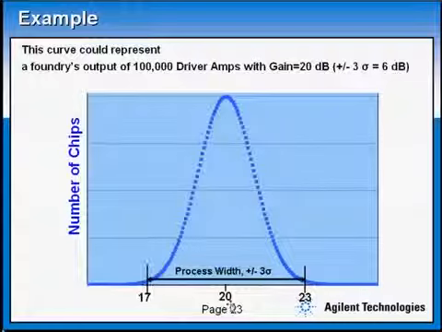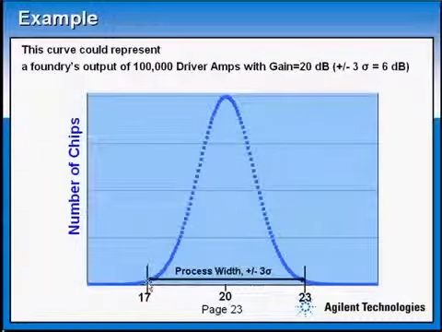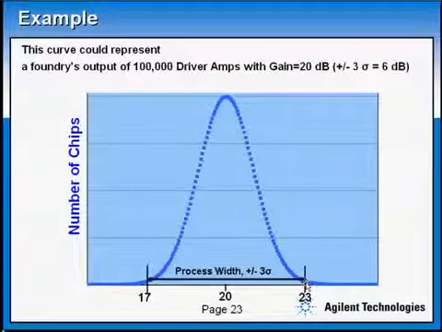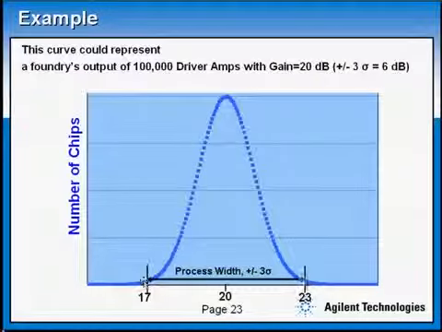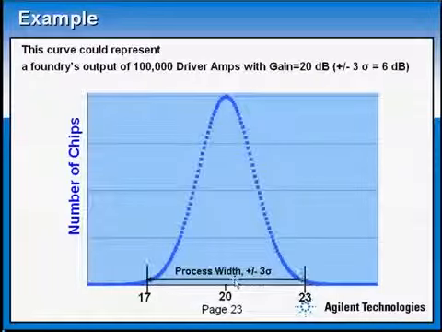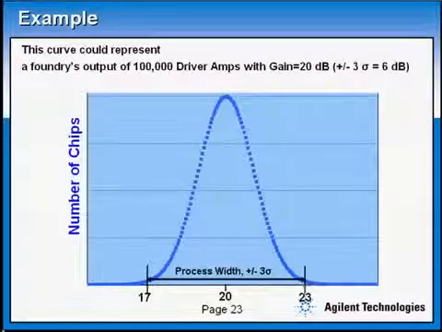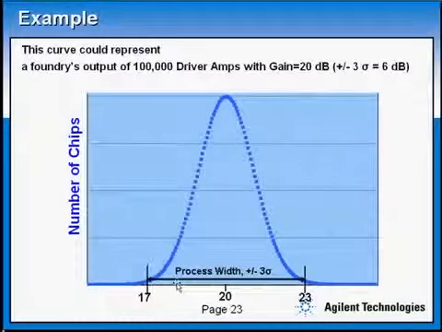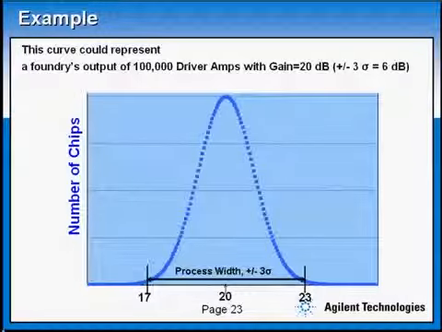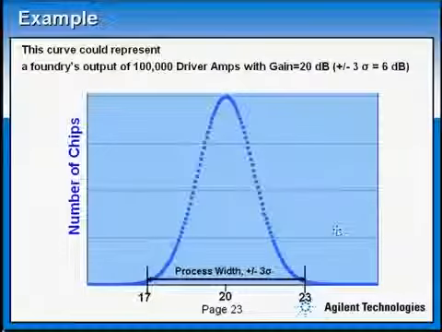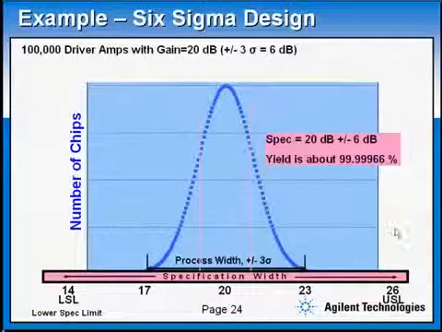With a nominal gain, most of the chips will have a nominal gain of 20 dB, but some of them will go down all the way to 17 and all the way to 23 dB. So this is the plus or minus 3 sigma of the process. And I made those numbers just for illustrating this example. So we have the plus or minus 3 sigma 6 dB variation and the nominal gain of 20 dB.